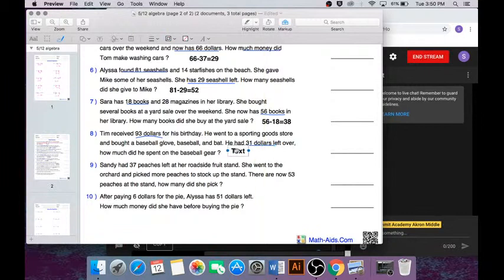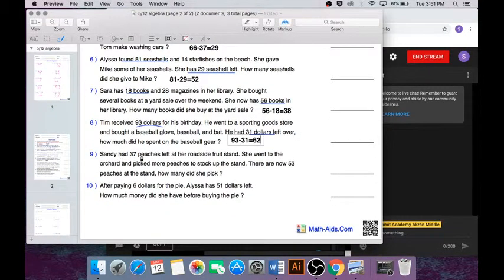So if we take what he started with as 93 and subtract what he has now, which is 31, 93 minus 31 is 62. So he spent $62.